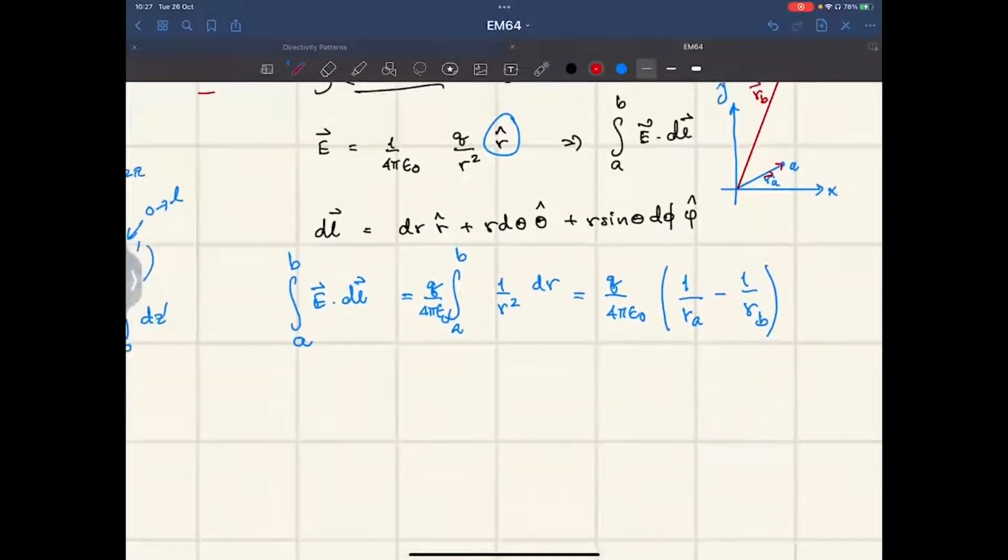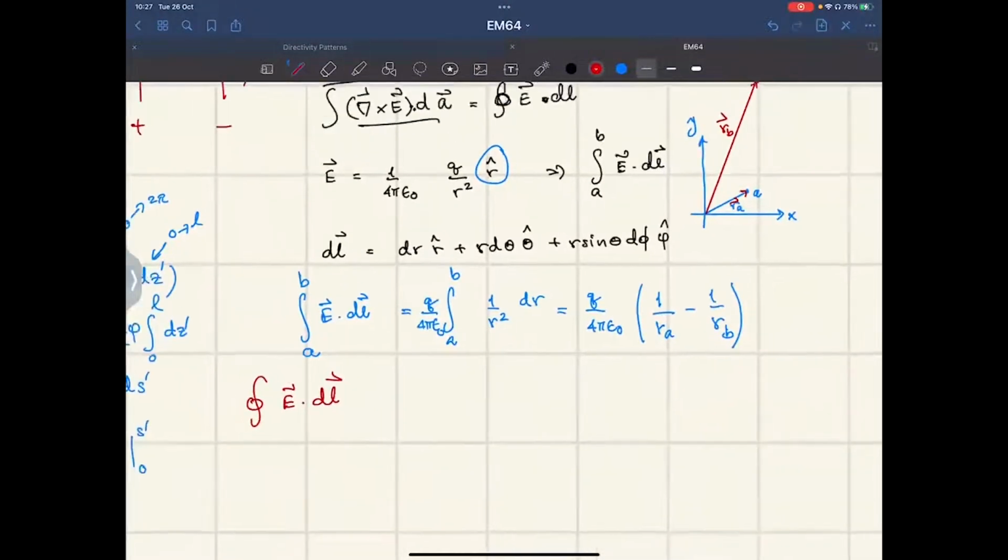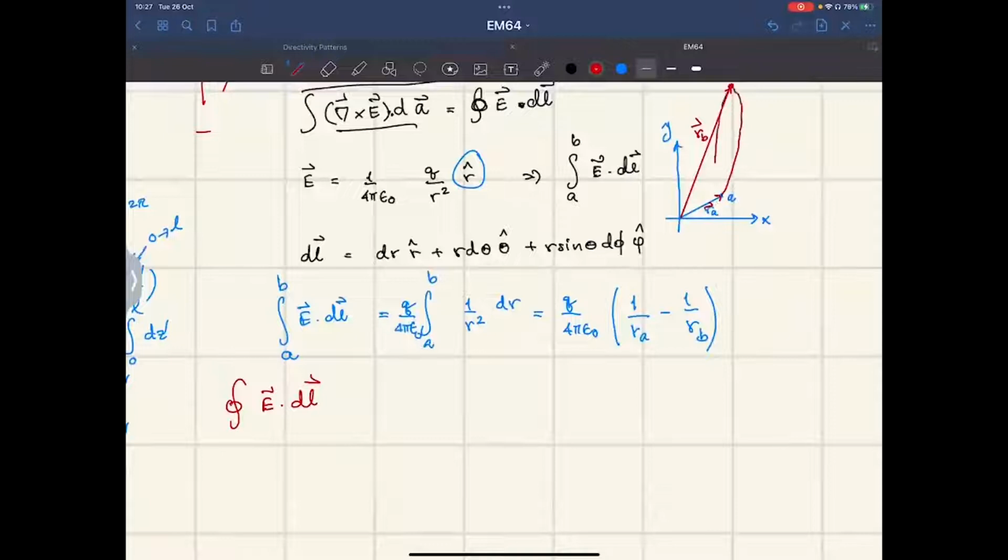When we think about the closed loop, what do you mean by closed loop? It means that you go this way and you come back to the same place. What do you think this will give as a result? The point A going to B and B coming back to A. What is the result of this line integration?